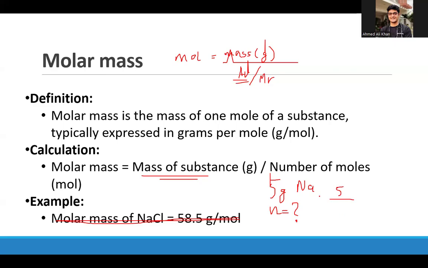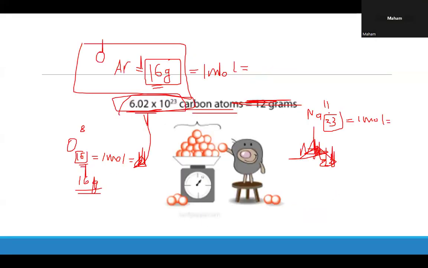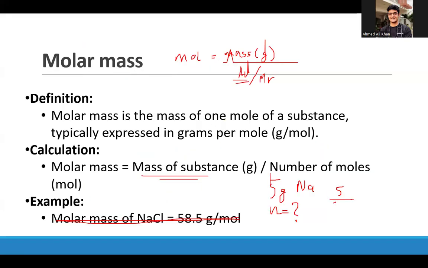Tell me from the periodic table. 11? No, 11 is the atomic number. The larger of the two numbers is the AR. 23 is the AR of sodium.